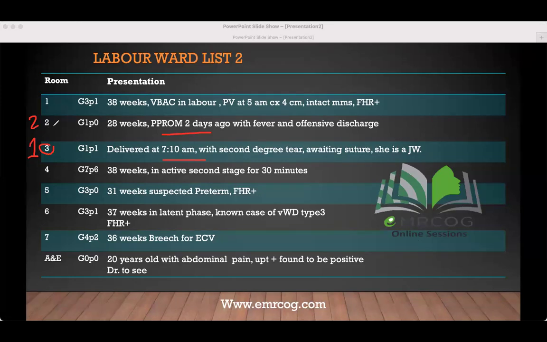Then in case of accident and emergency, if the patient is unstable, then... let's say the patient is stable. Which case will you go for?